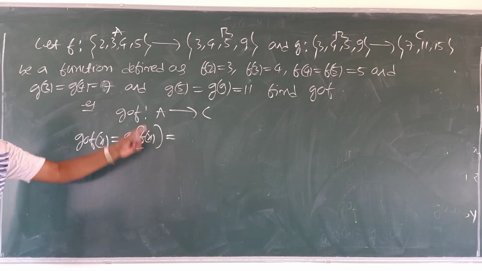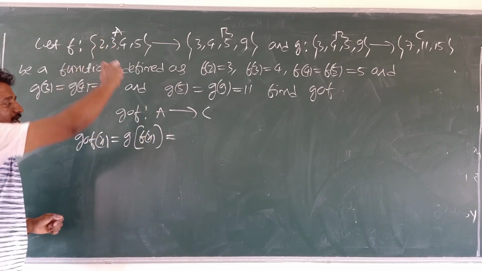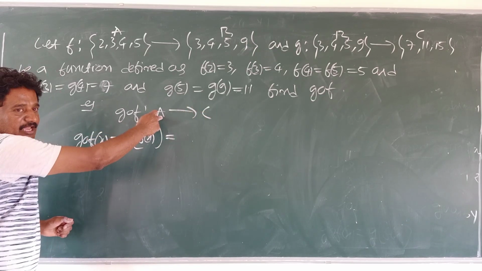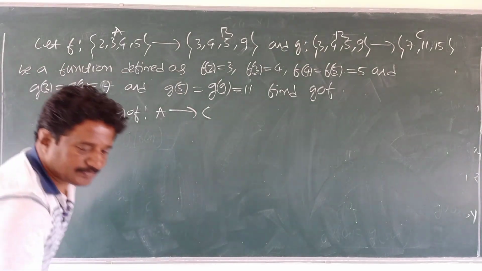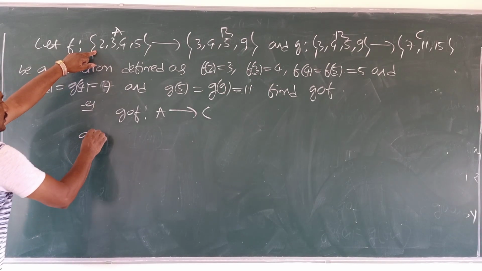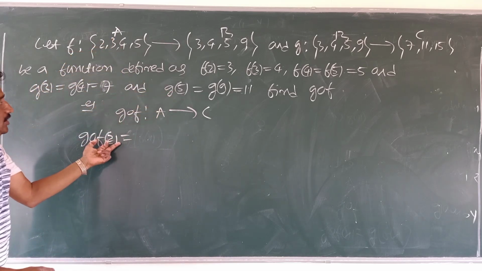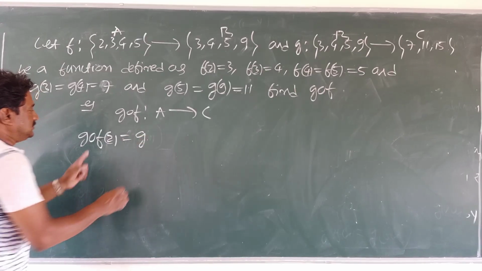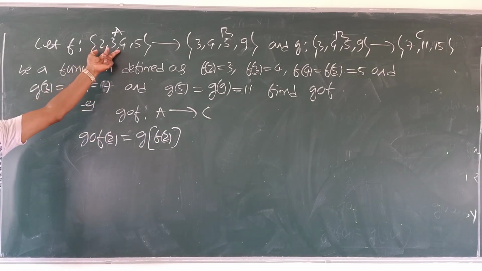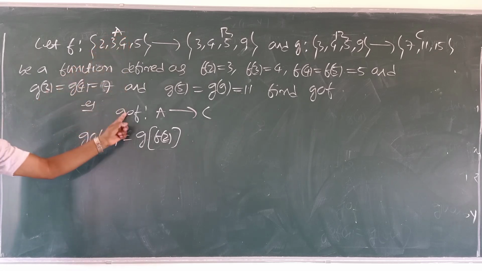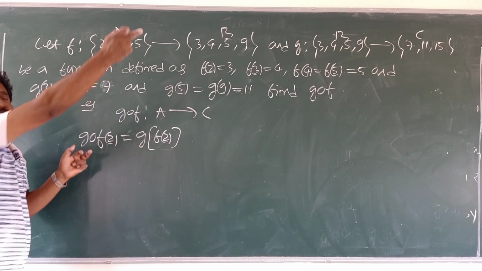I must choose from A, because g o f is a function from A to C. All x belong to the first set, all y belong to the second set. x belongs to A. Let us calculate (g o f)(2). g o f relates elements of the set A with elements of the set C. Let us see how this relates them.